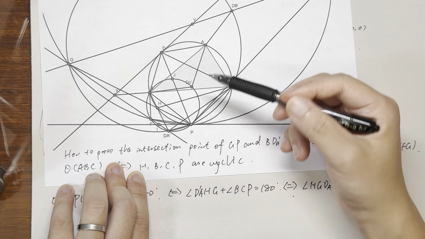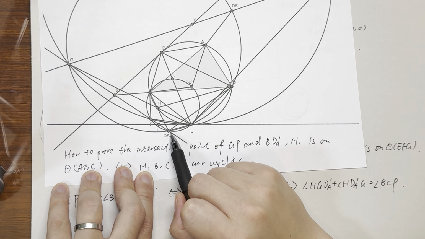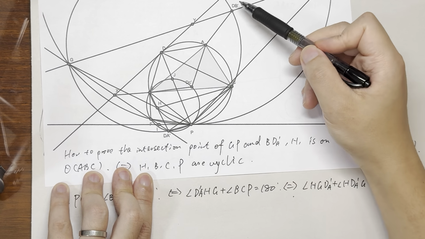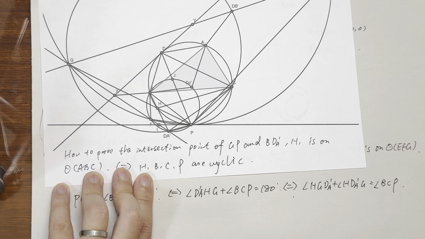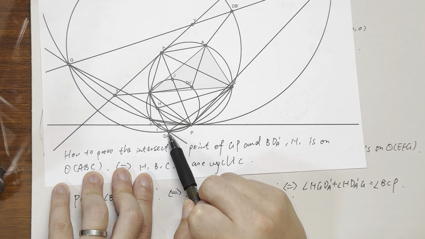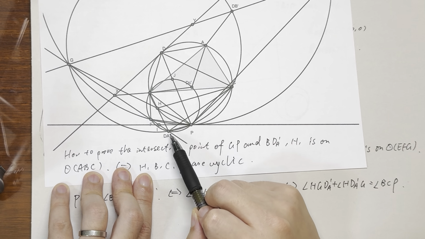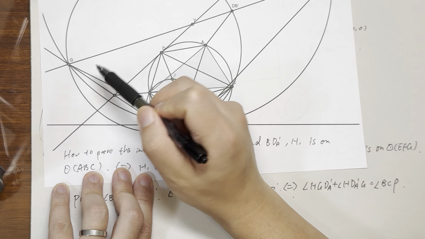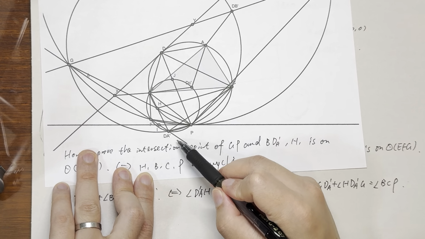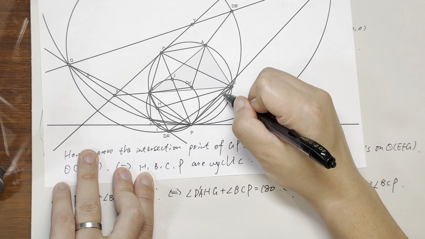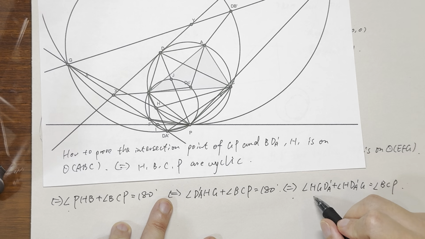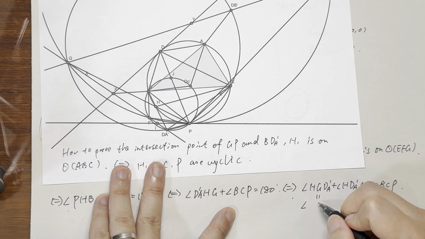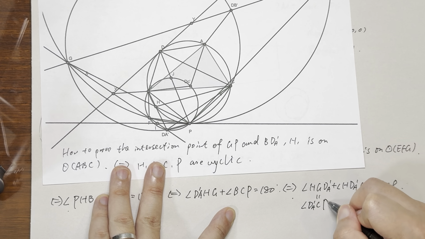So because C, P, DA prime, G are cyclic, which means angle DA prime GH, which is angle DA prime GP, right? This angle equals the angle DA prime CP. So here the angle HGDA prime equals angle DA prime CP.